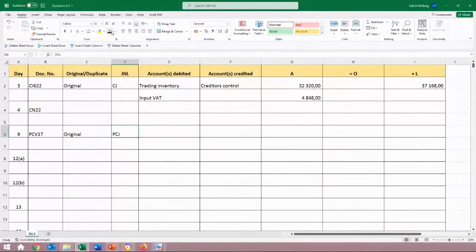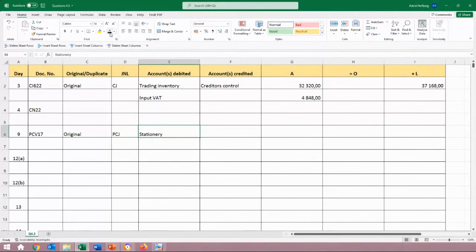PCJ. So petty cash journal is PCJ. Now we have to do the accounts we are going to debit and credit. So I said the first account we are going to debit is our stationery account. That is the account where we capture the stationery amount, and we said that amount will be exclusive of VAT.